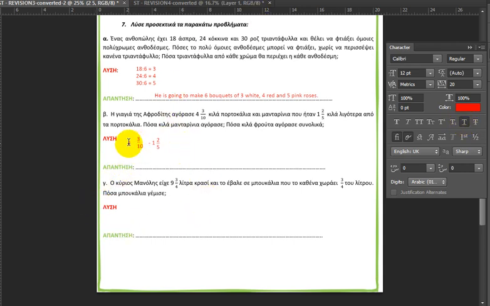All right, now you can't subtract them the way they are right now. First of all, you need to have them as like fractions, so they need to have the same denominator, right?